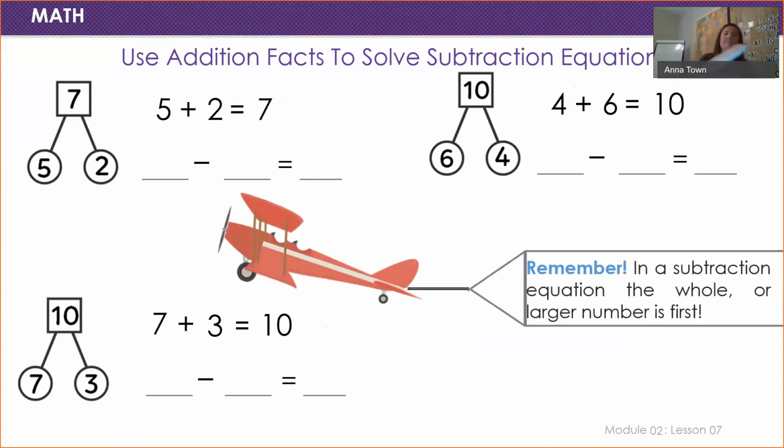Okay, you could have gotten 10 minus 7 equals 3 or 10 minus 3 equals 7. What matters is that this whole came first. Largest number first, and then we use a minus sign, and then we fill it in with the parts.